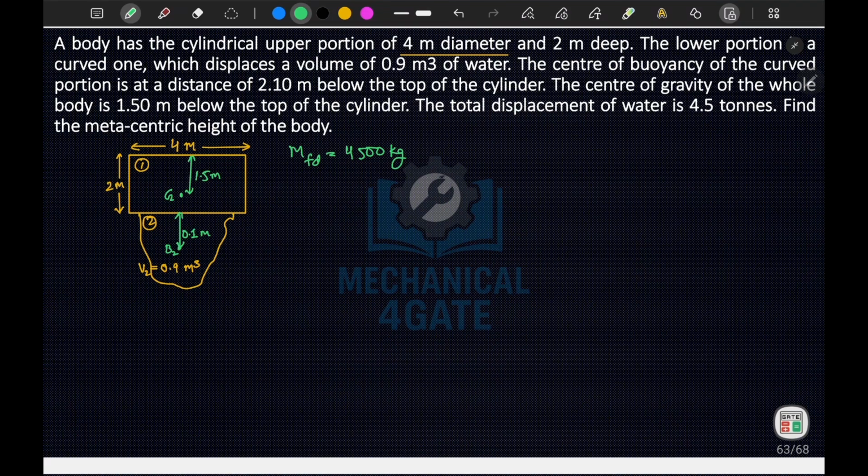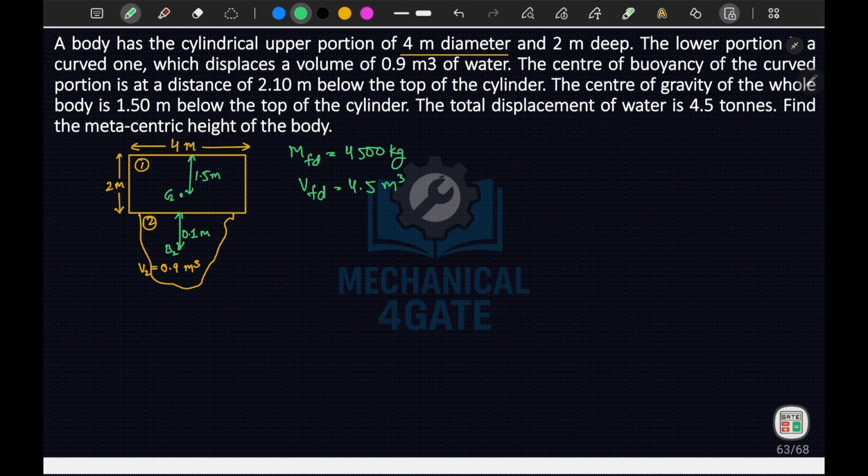Now find the metacenter. Again we have to find the metacenter. So from here, if I write volume of fluid displaced, I can write it as mass upon density. So density 1000, so that will be your 4.5 meter cube. Okay, now what does this mean? This means that v2 is only 0.9 meter cube. So this portion will definitely be inside the water.